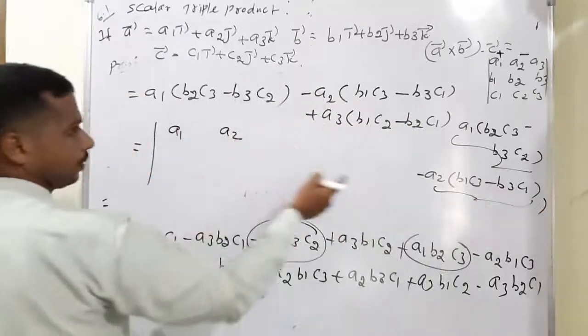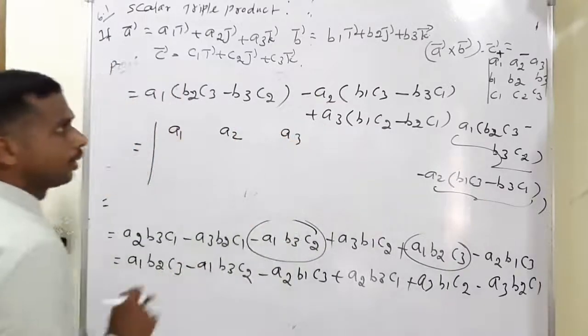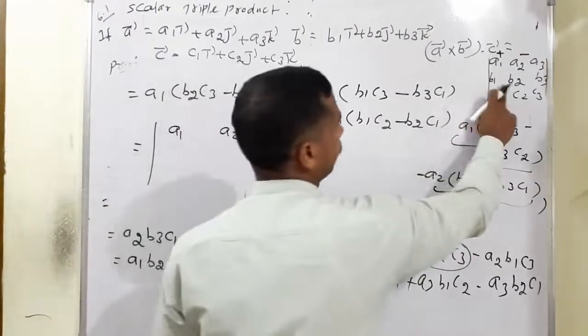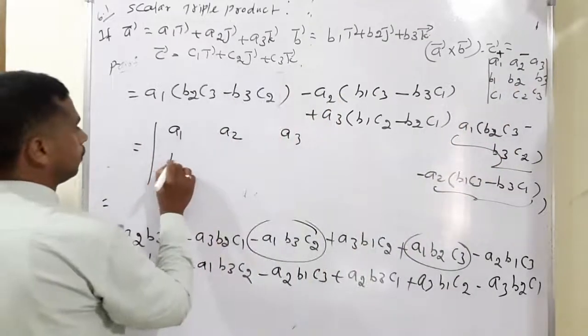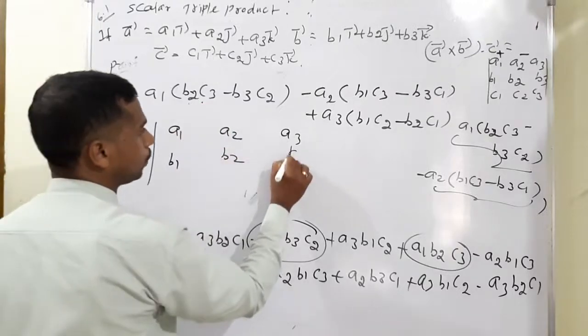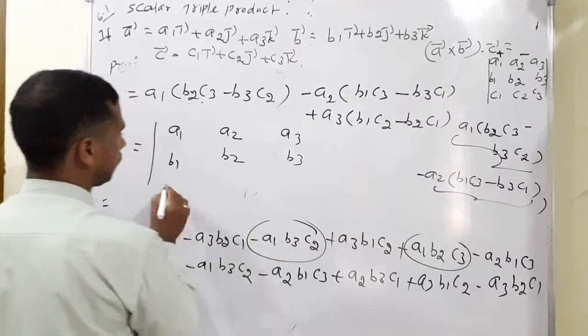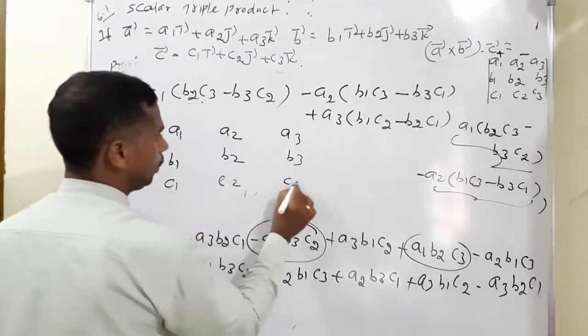So instead of the second term we can write only A2, as well as A3. The same condition, instead B1 B2 B3 will come. So here B1 instead of bracket we can write B1 B2 B3. Last condition C1 C2 C3.